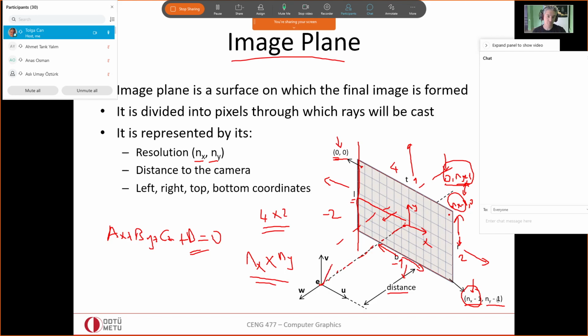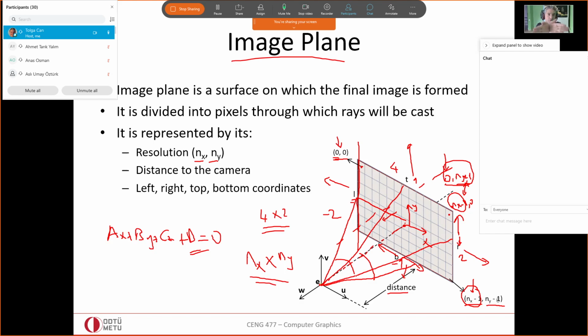For example, the vertical field of view can be determined if you draw these two line segments from the eye to the top and the bottom; this angle is your vertical field of view. And this angle is your horizontal field of view.